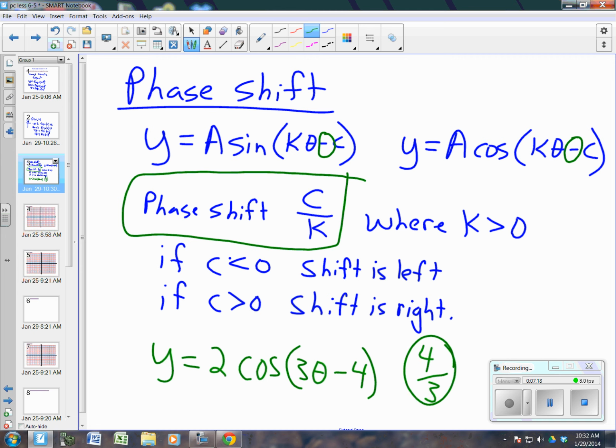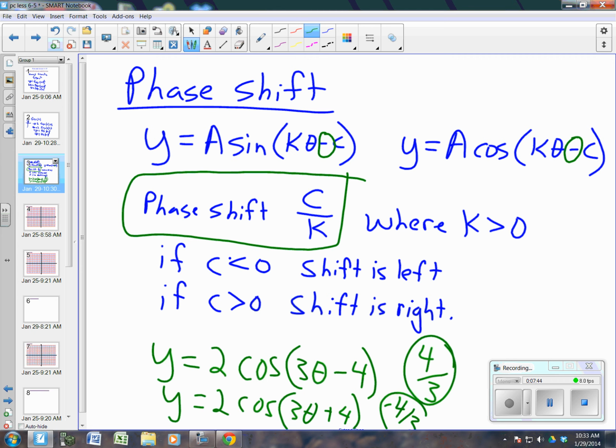Now, if that would have said 3 theta plus 4, so let's say I gave you another one, 2 cosine of 3 theta plus 4, that one would be negative 4/3. Do we understand that? All it is is taking the number right here, where the c is, which is 4, and dividing by the number in front of the theta, which is k, so 4/3.